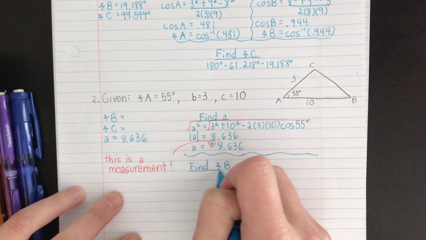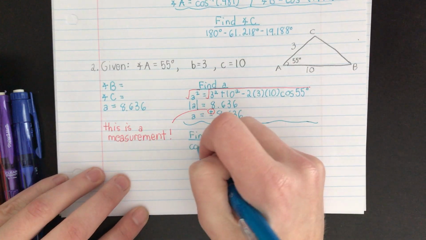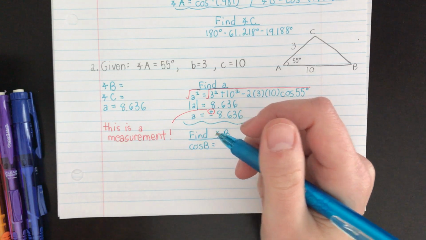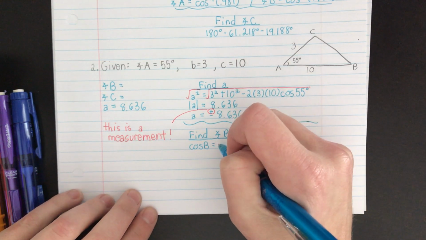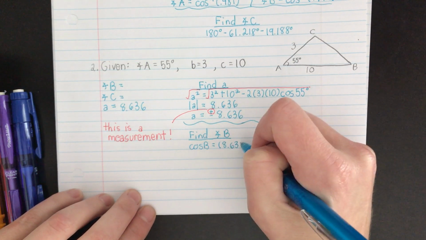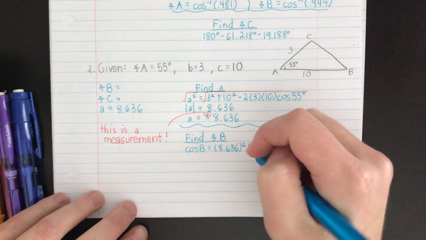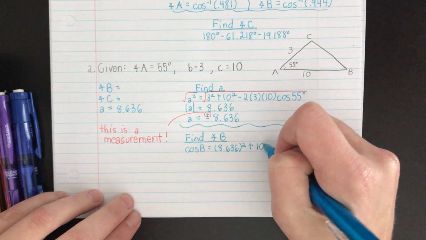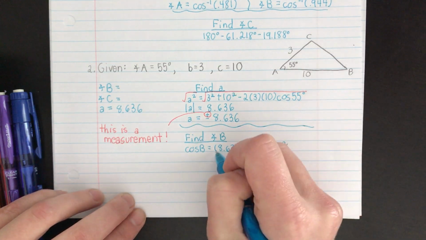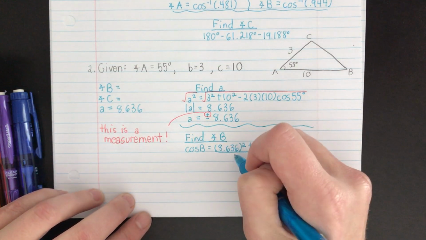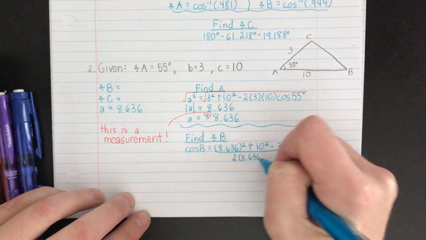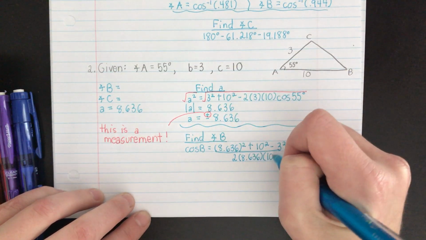Then we can go to town finding angle B. We'll use our law of cosines formula. So cosine of B equals A squared, so we're going to use 8.636 squared plus C squared minus B squared, all over 2AC, 2 times 8.636 times C, 10.